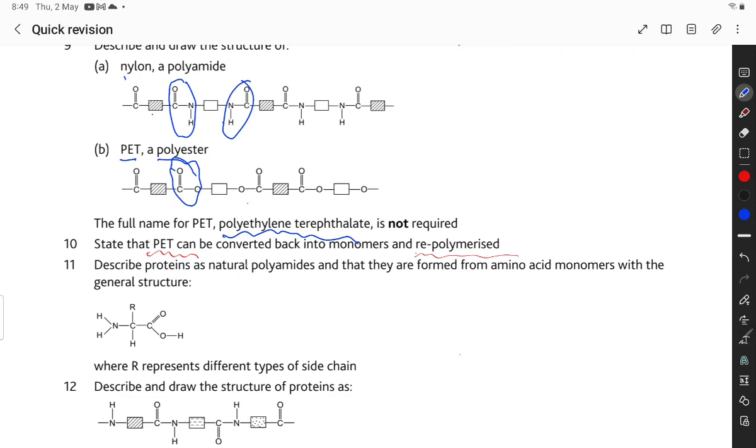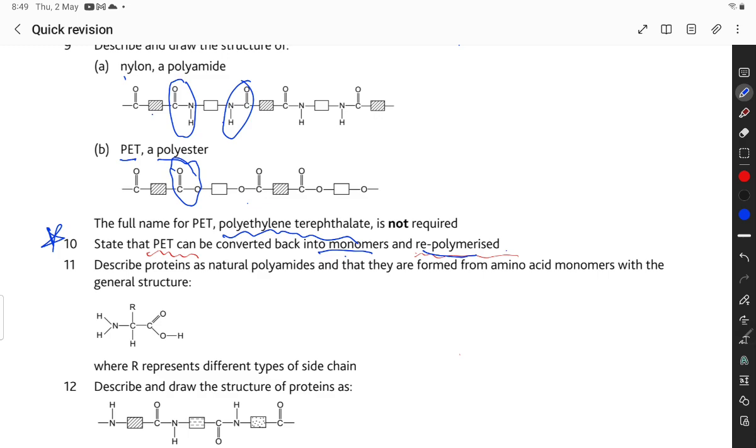State that PET can be converted back into monomers and repolymerized. This is very important to learn. This is a new addition in the syllabus, so you must learn this line that states that PET can be converted back into monomers and repolymerized. This polyester can be converted back because these are reversible reactions, because the backward reaction is hydrolysis.